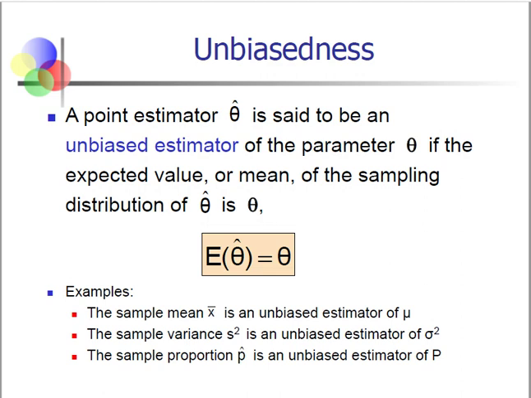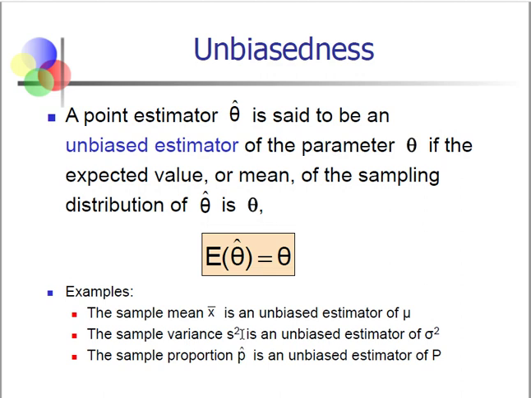Now, sometimes we want to know whether that estimator is biased or unbiased. So an unbiased estimator is just an estimator whose expected value or mean is equal to that of the parameter. Okay, so we're saying the expected value should be equal to the parameter. The sample mean, we found in the last topic that the expected value of the sample mean is just the same as the population mean, which makes the sample mean an unbiased estimator of the population mean.